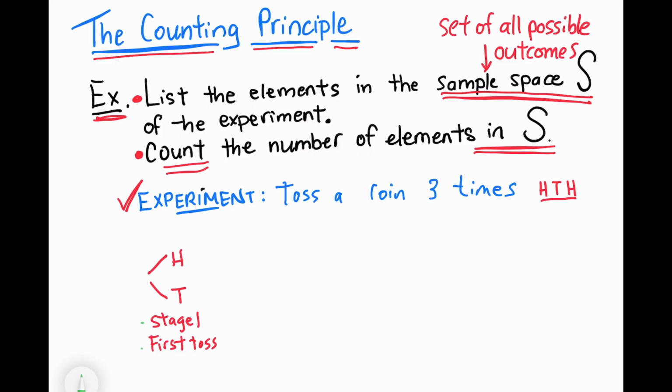Next, I toss the coin for the second time. And I could, once again, on the second toss, I could get heads or I could get tails. If the first toss was a tail, same deal. I could get heads or tails on the second toss. So I think about this as stage 2. This is my second toss.